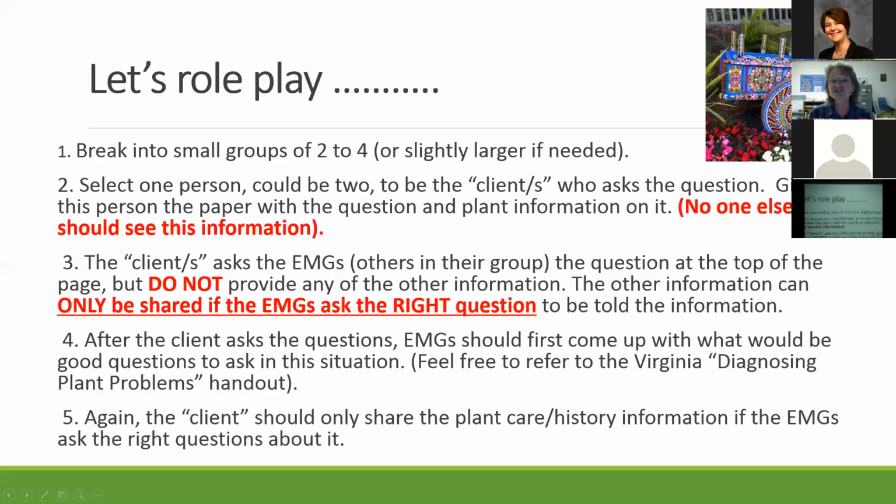If you have any questions, I'm going to look at the chat box here. You can unmute yourself and ask a question or chat it in the box. I'm going to give you at least 20 minutes to do this, and if you want more time, you can have more time.